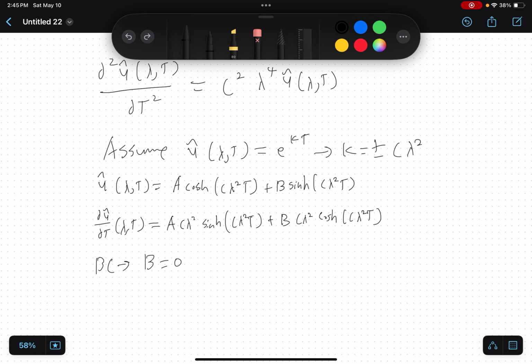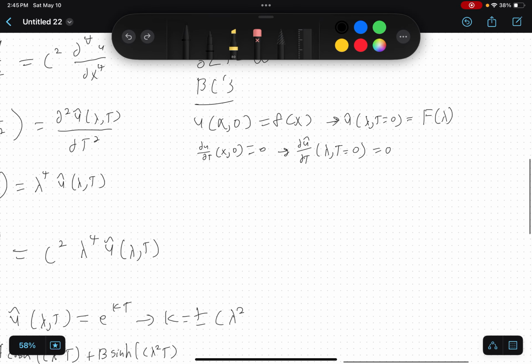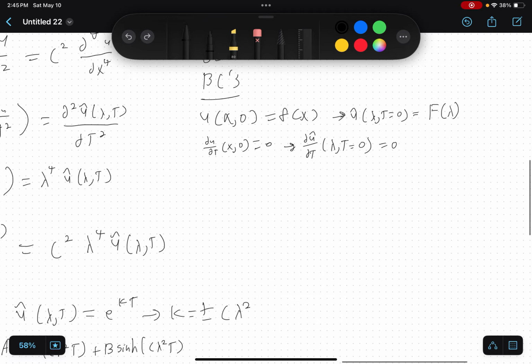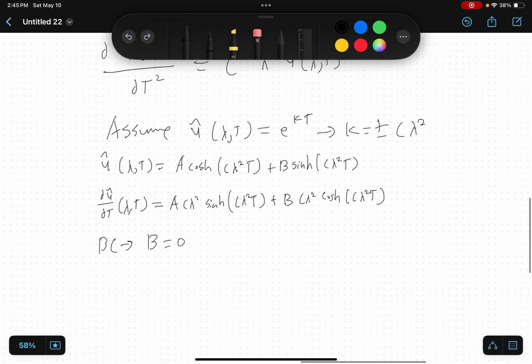Oof, maybe you do have to solve it the other way. No, you're fine, you can do it this way.